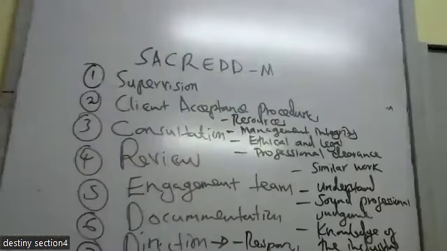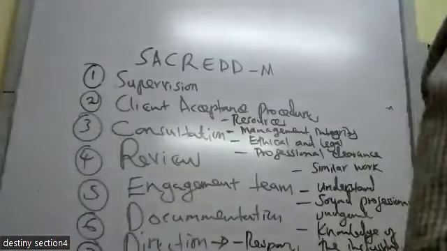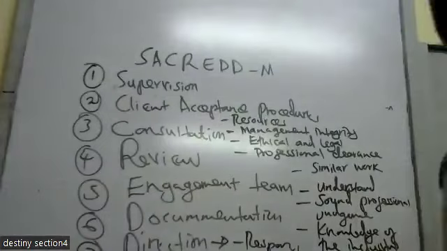Number 4 is supervision, all that the supervisor does: to check whether they are following the audit programs, to track the progress of the audit, to address significant matters arising during the audit, to check whether the audit staff are competent enough to carry out the work, and lastly, to identify matters for further consultation. This is one of the examiners' favourite topics for these papers.